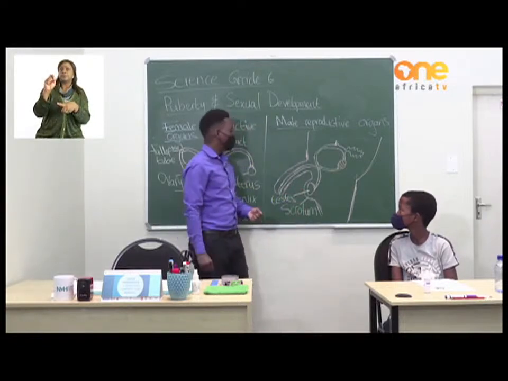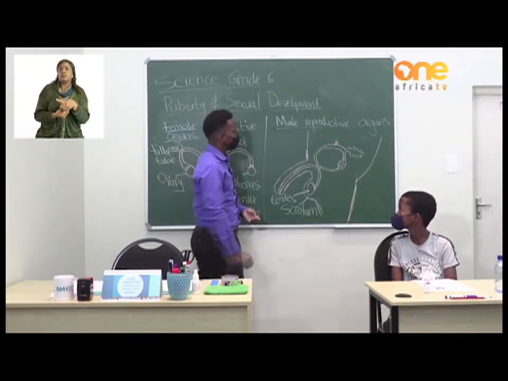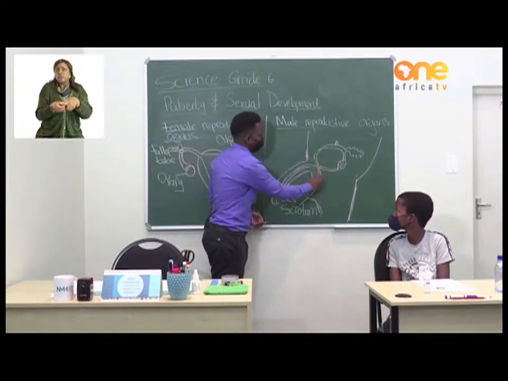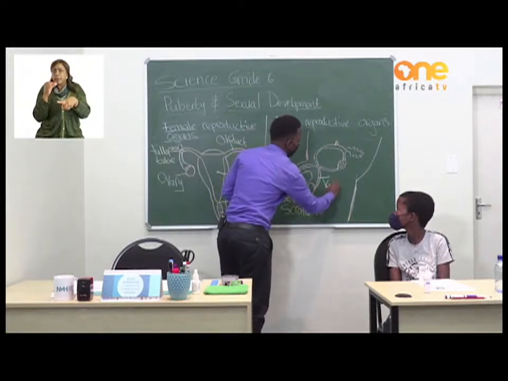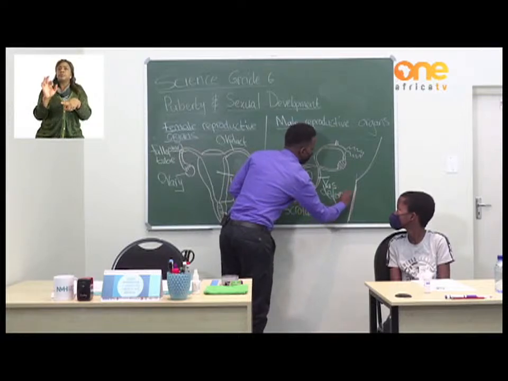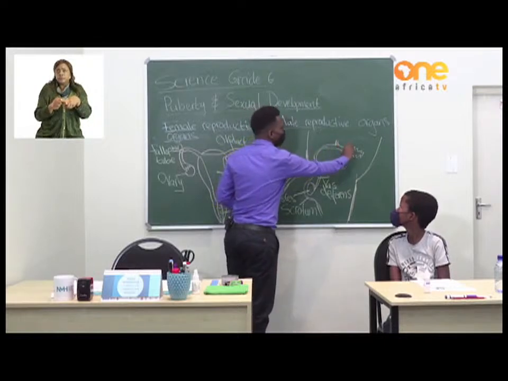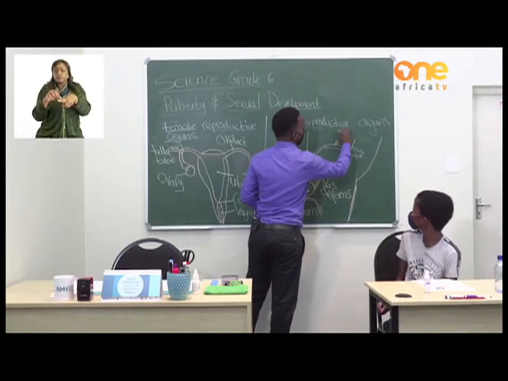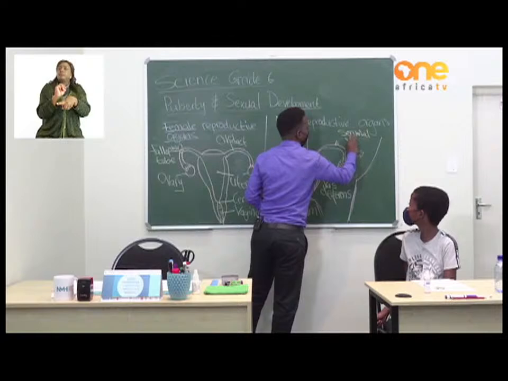From the testis, we have another structure coming from the testis going outwards, and this organ is referred to as the vas deferens. The vas deferens goes on and connects to another structure, referred to as the seminal vessel.